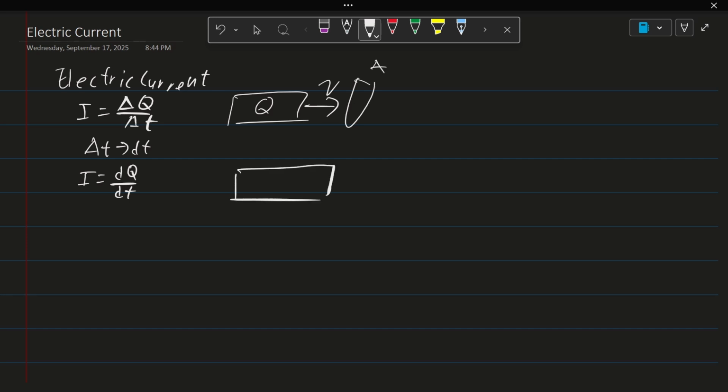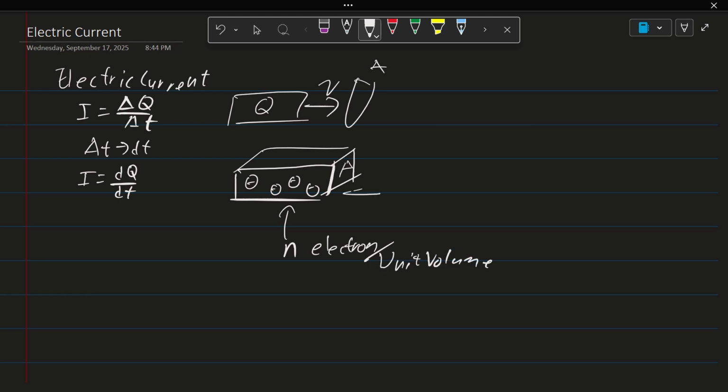Let's state that an object has electrons mostly, and it is going to be moving across a surface A. Let's state that I know the density to be n, so there are n electrons per unit volume, and this object is going to be moving at a certain velocity. There is also going to be a length here.